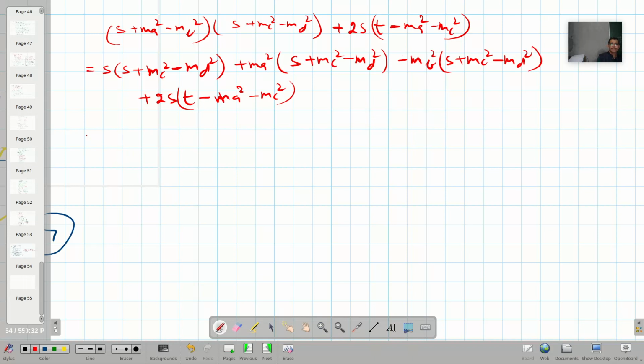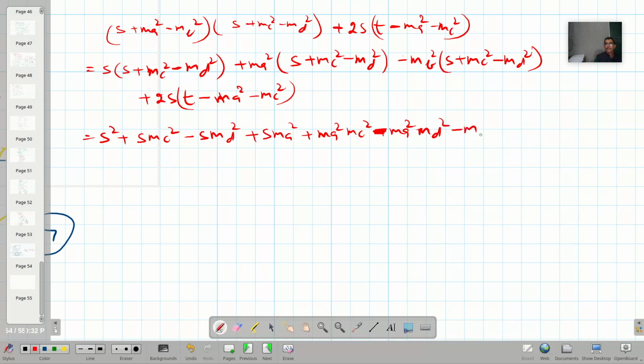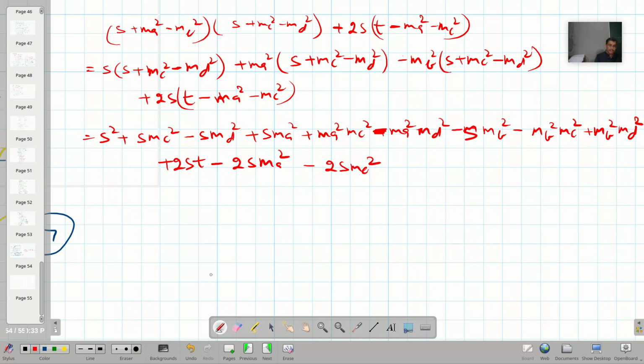So it is s square plus s mc square minus s md square plus s ma square plus ma square mc square minus ma square md square, minus s mb square minus mb square mc square plus mb square md square, plus 2st minus 2s ma square minus 2s mc square, right?